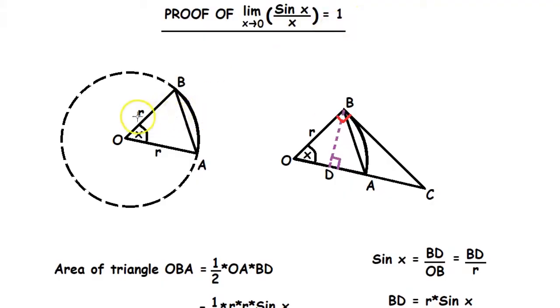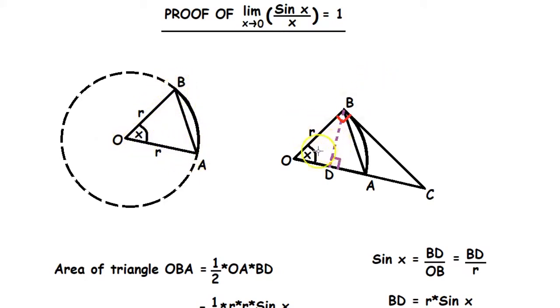For this proof, consider this diagram. We have a circular sector OBA here, with O being the center of the circle, and we draw a chord from B to A. So then we get a triangle OBA.